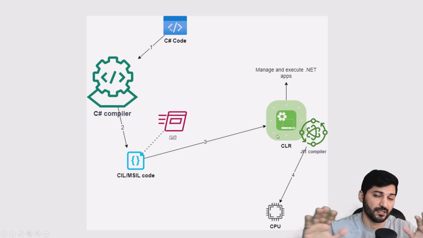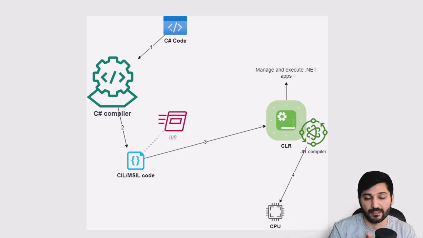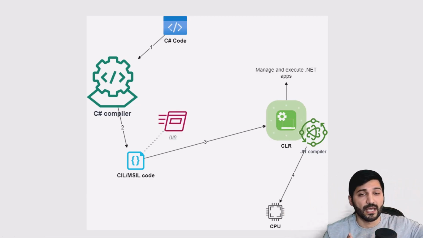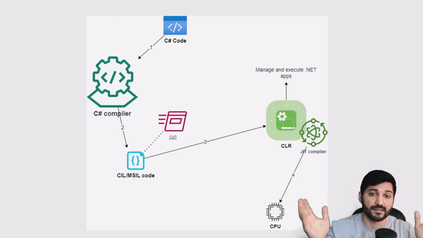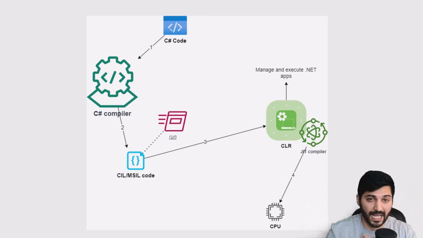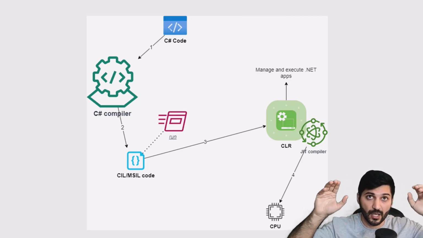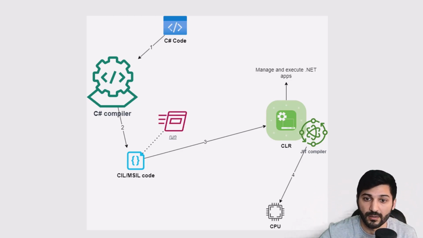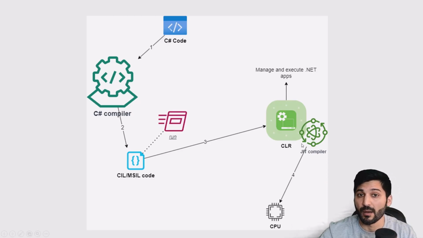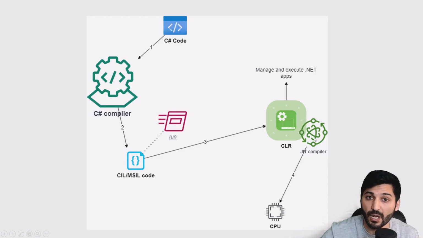We have tons of responsibility on CLR, like managing and executing .NET applications, memory allocation, external assembly management, security, exception handling. All these functionalities, all these roles are in our CLR, okay? And one of the components of CLR is going to be our JIT compiler.